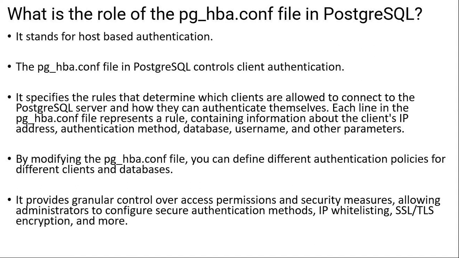It provides granular control over access permissions and security measures, allowing administrators to configure secure authentication methods, IP whitelisting, SSL and TLS encryption, and many more. So the pg_hba.conf file is nothing but a control file for client authentication only. So this is like logins and all, you can say that.